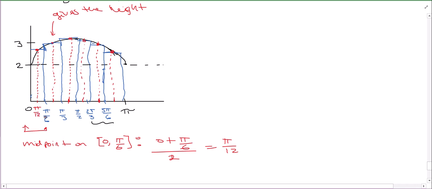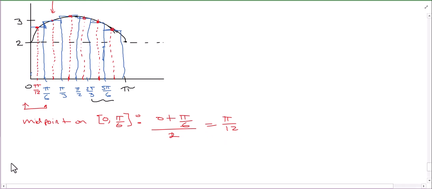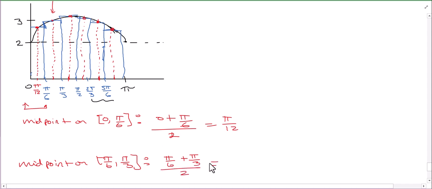What about the midpoint between pi over 6 and pi over 3? Same thing, for the midpoint you add the two, so it'll be pi over 6 plus pi over 3, and you divide by 2. So what is that? You need a common denominator, right?